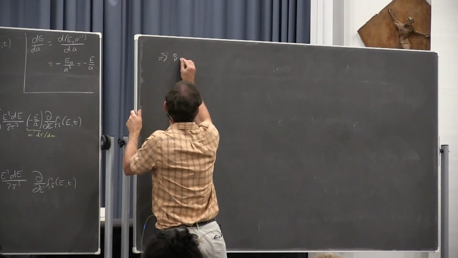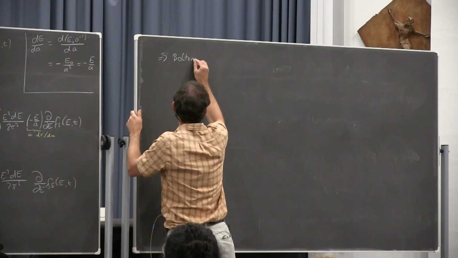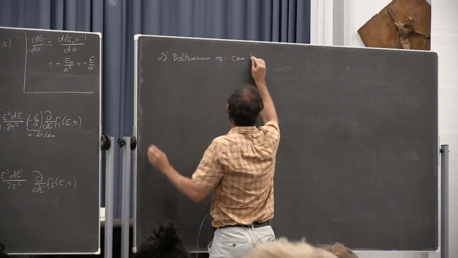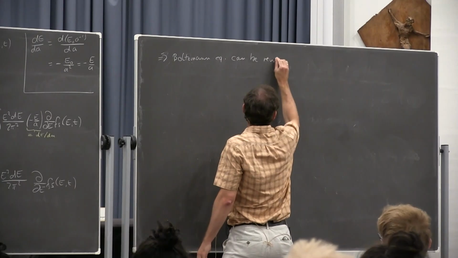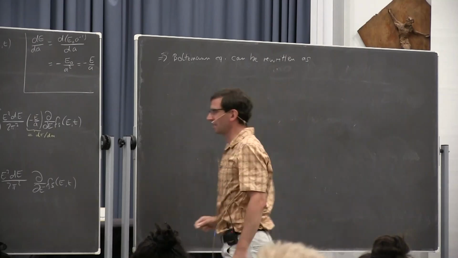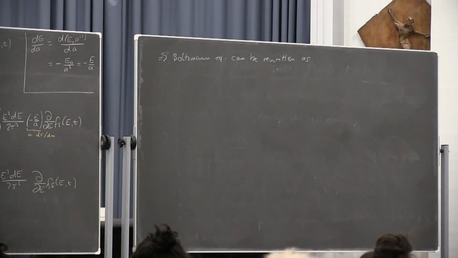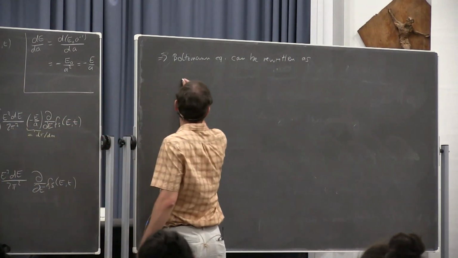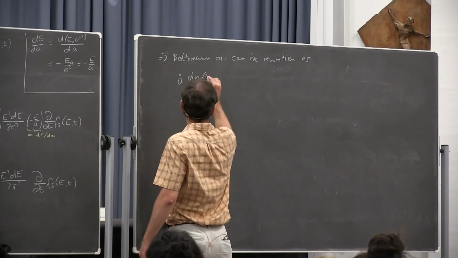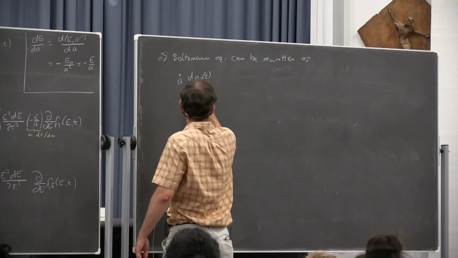So this means the Boltzmann equation can be rewritten in the following form. So we have here just this A dot dNs of t over dA.